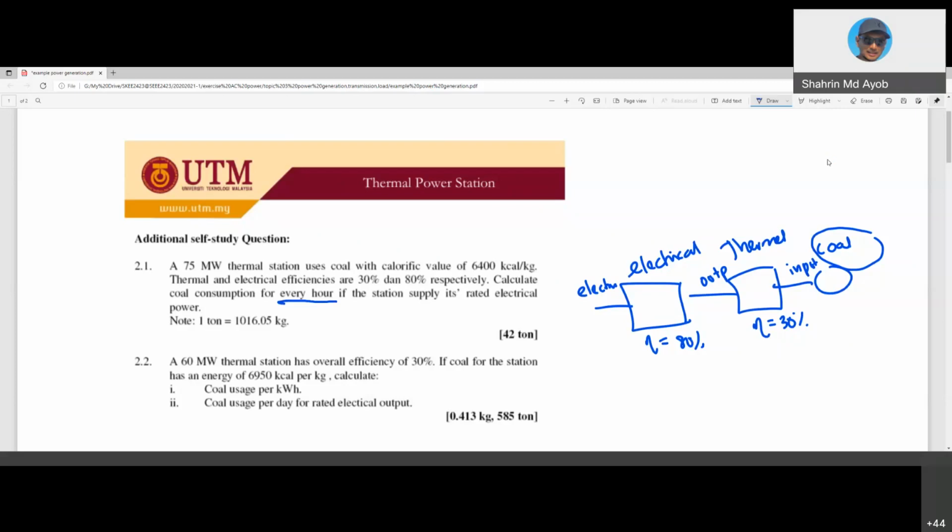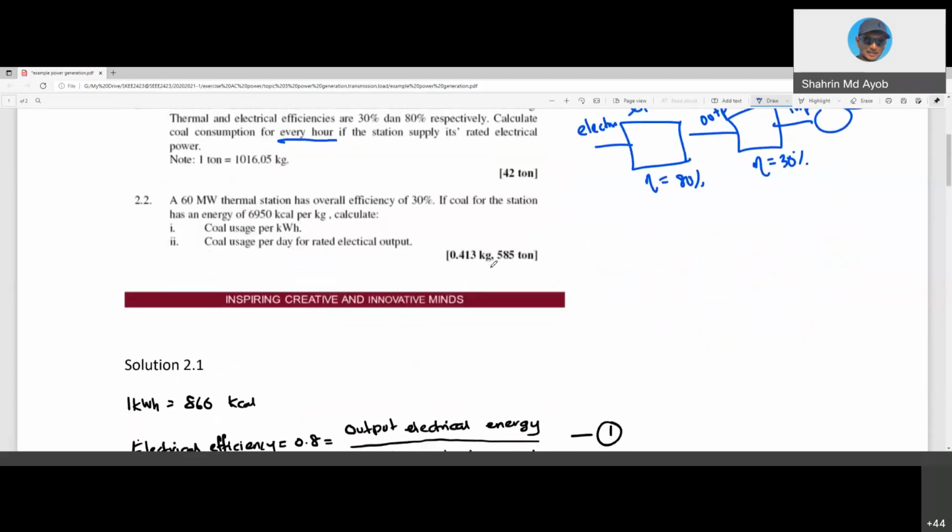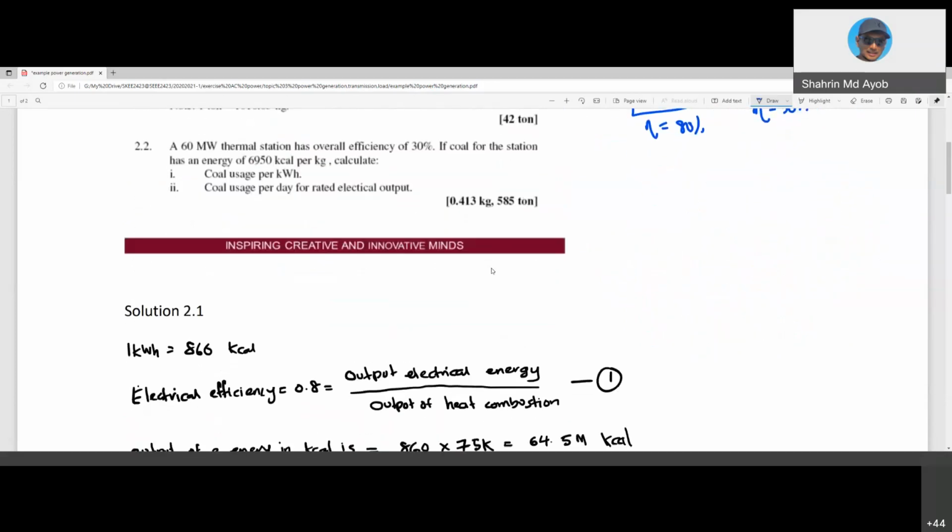What you need to know is the relationship between calories and kilowatt hour. As mentioned before, 1 kilowatt hour is equal to 860 calories. Meaning that if you burn the coal and the coal supplies around 860 calories, it is equivalent to 1 kilowatt hour of energy.